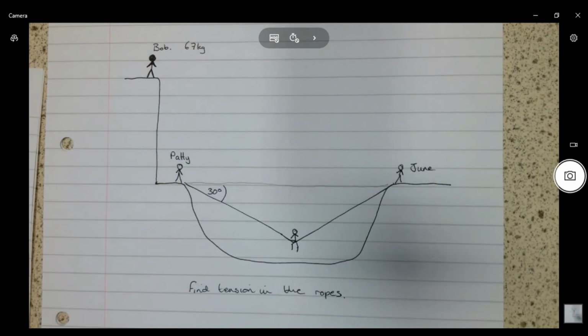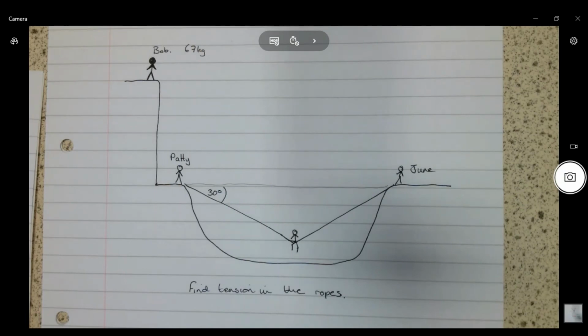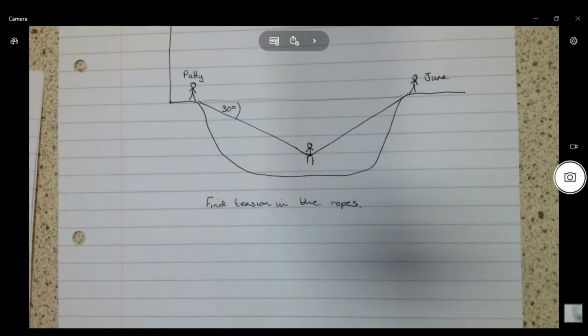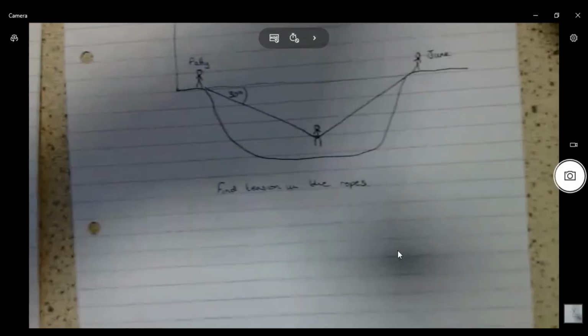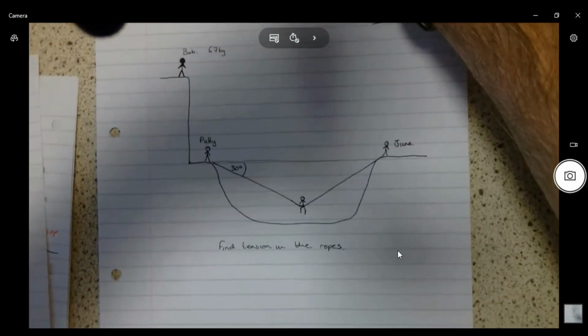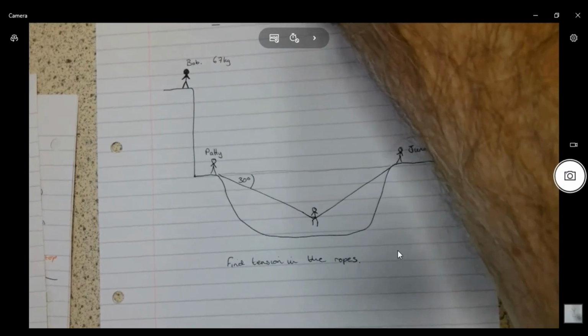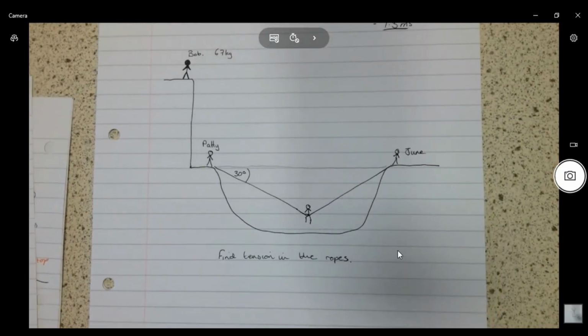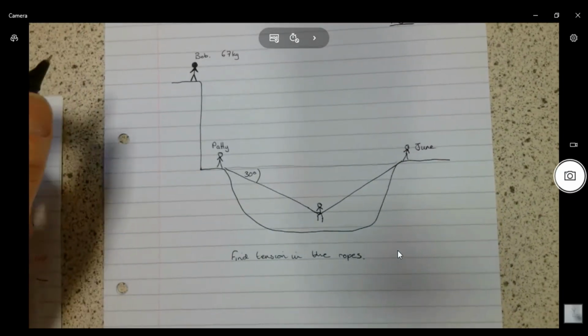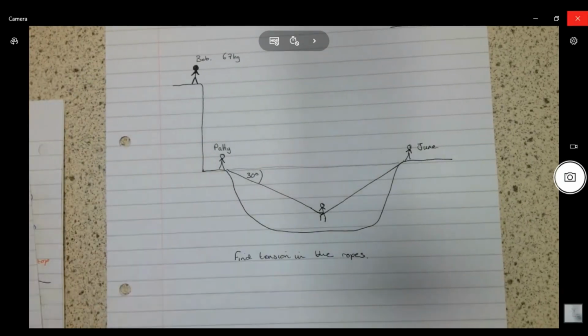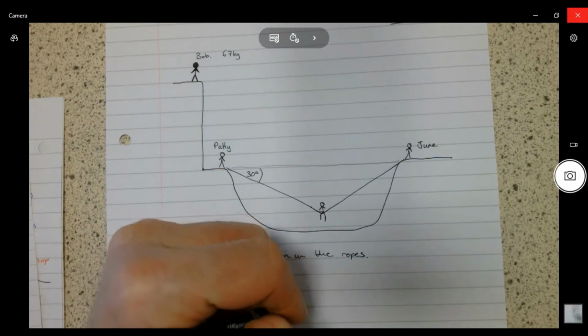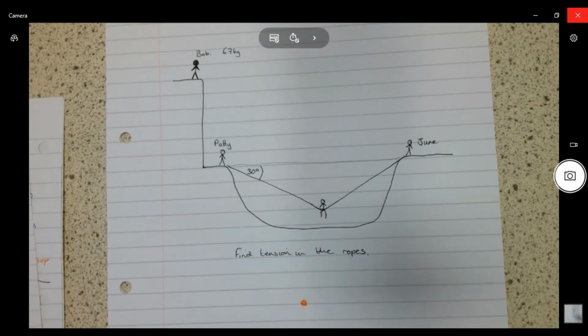Okay. 67. So Bob weighs 67 kilos. Now, a free body diagram. There's Bob, the red spot.